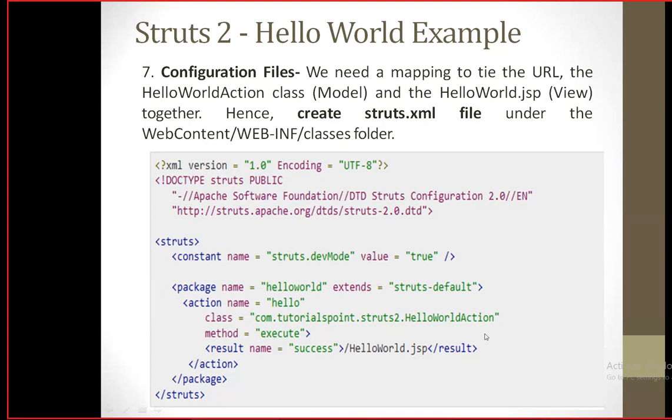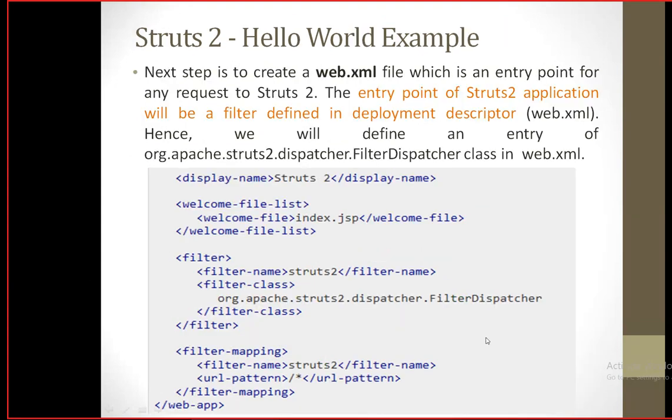Okay, so this was the struts.xml configuration file. Since it is a web application, obviously any web application, may it be a plain web application or a framework web application, will mandatorily have a web.xml file, and any struts web application will also have a web.xml file.